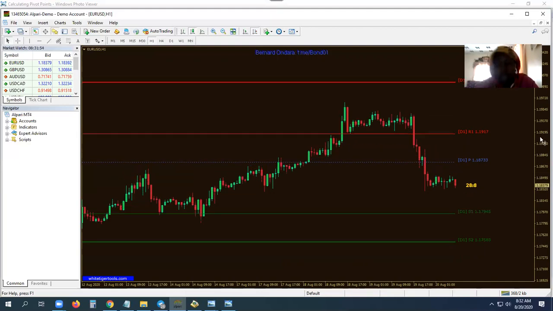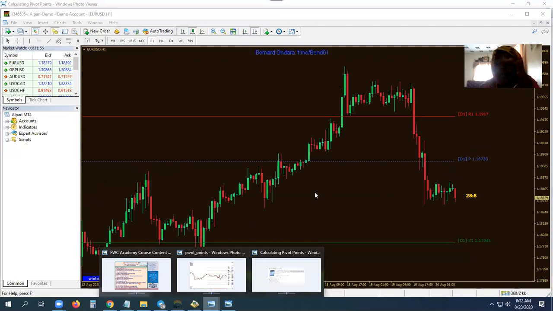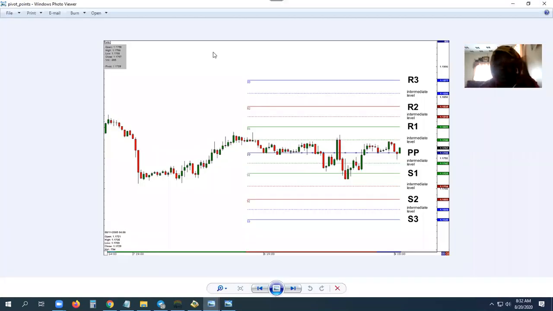In other words, from the formula they use to calculate pivot points, you take the high, the low, and the close, and divide by 3, and you get the pivot point. Then you divide the whole range into parts, and create the first part above it. Above your pivot point is resistance 1, resistance 2, resistance 3.